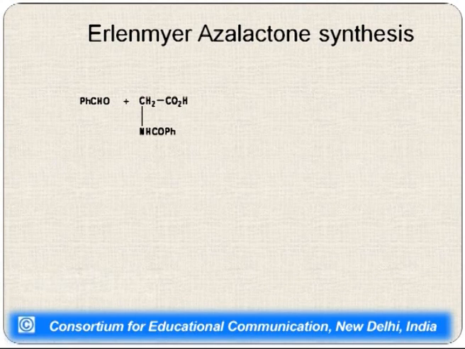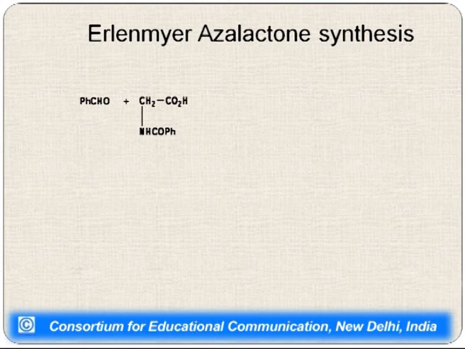By now you would understand that NH2CH2COOH is nothing else but the simplest amino acid, which is called glycine. So, what is this compound? This compound is benzoyl, PhCO, and glycine. Benzoyl glycine is called hippuric acid.